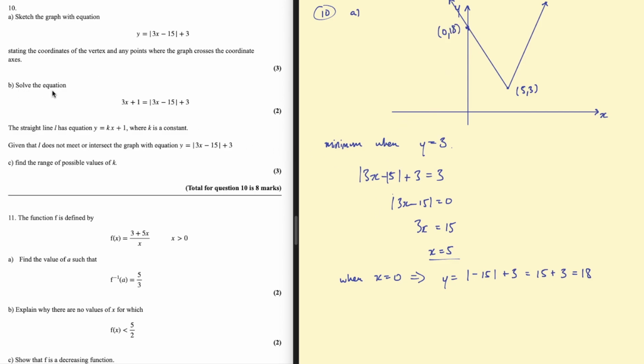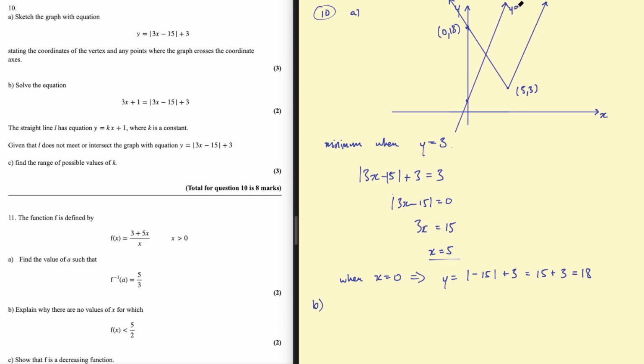Okay, part B says solve the equation 3x plus 1 equals the absolute value of 3x take 15 plus 3. For part B, we could firstly draw in this straight line 3x plus 1. So I'd have a y-intercept at 1 and a slope of 3, or a gradient of 3, which would be the same as this graph. So just make sure it looks parallel. Okay, something like that.